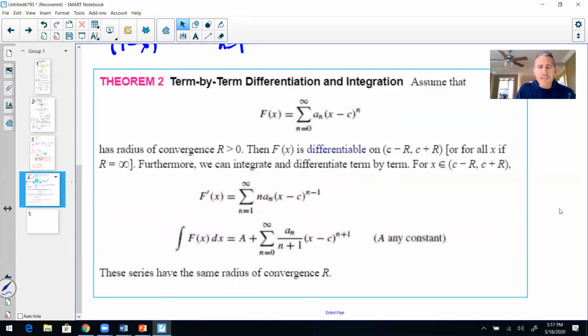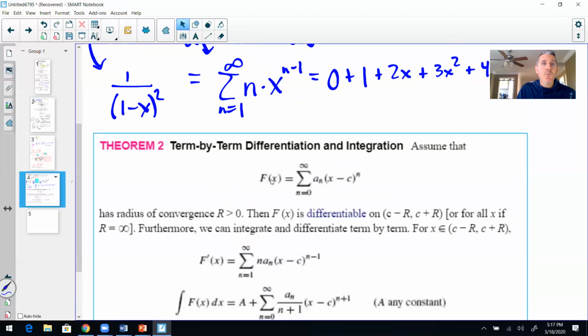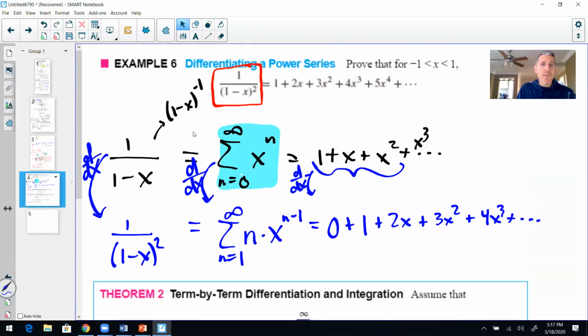Right? So what it says is, these series have the same radius of convergence r. So if you read through this, when you look back at this, I started with my initial guy, which is 1 over 1 minus x, right? 1 over 1 minus x, we know has a radius of convergence of 1.